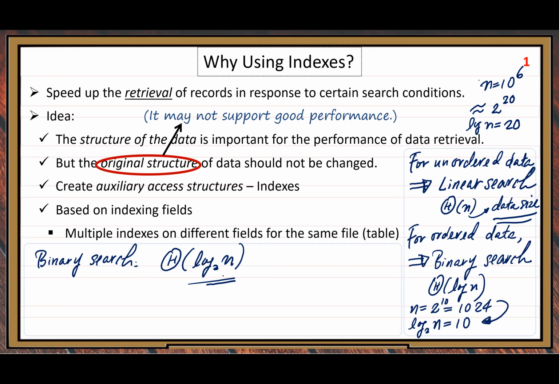Later I may ask you the worst case of the binary search. When you know the number of rows, we know n, where n means the number of records in the table.